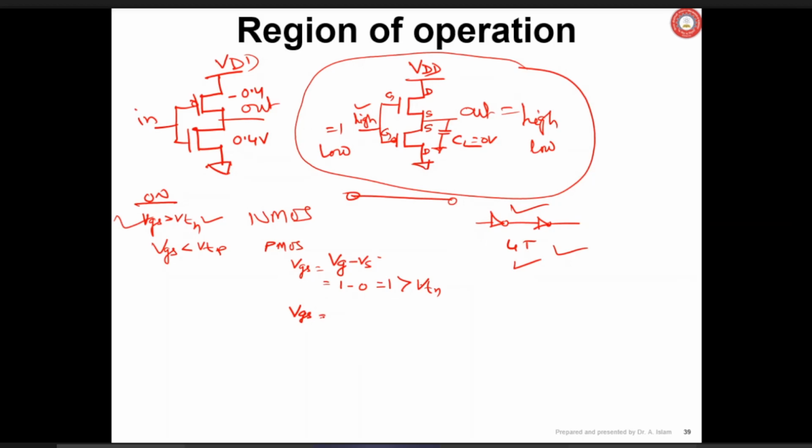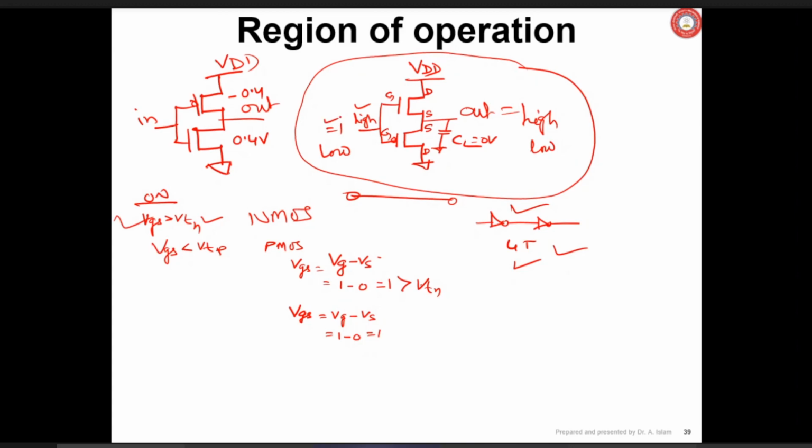VGS is equal to VG minus VS. So VG is 1 volt, and VS is 0 volt, right? Because initially the voltage across CL is 0. So VGS is 1 volt only here also in case of PMOSFET.